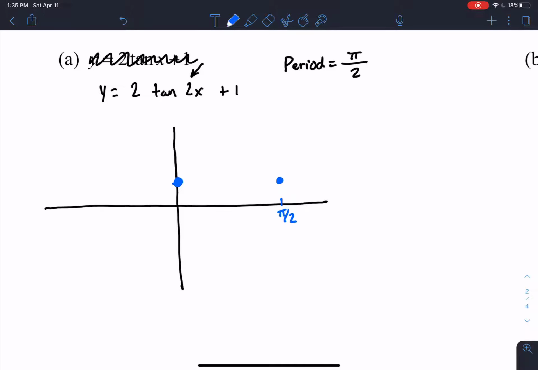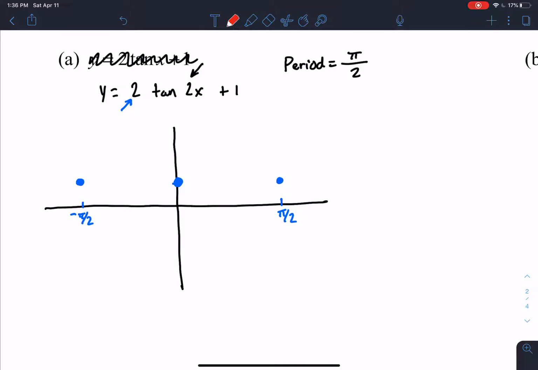Now if I go in the other direction, that's negative pi over 2. Okay, now I'm not really paying attention to this 2, even though it's out front, because again, tangent goes up to negative infinity, infinity. So it doesn't really affect my values, okay?